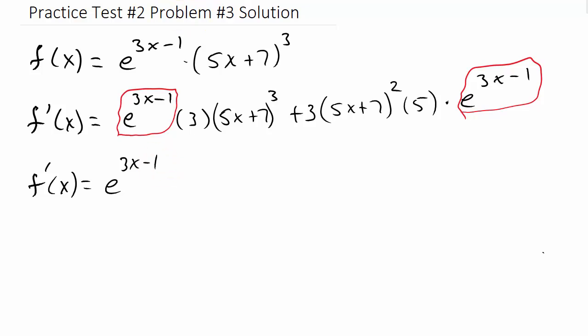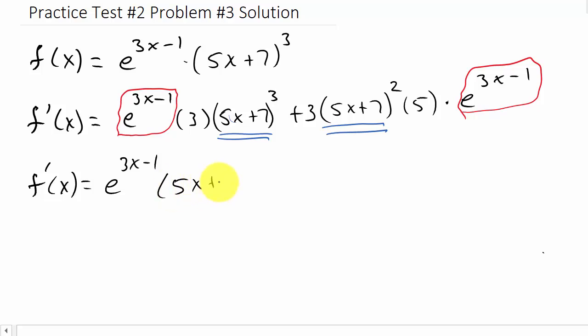And then also we have a common factor of 5x plus 7 squared. It would be like having an x cubed and an x squared; you'd factor out an x squared. So we're going to factor out a 5x plus 7 squared.